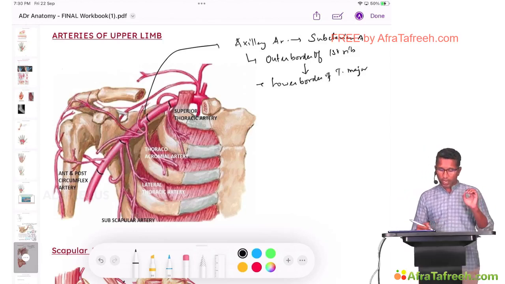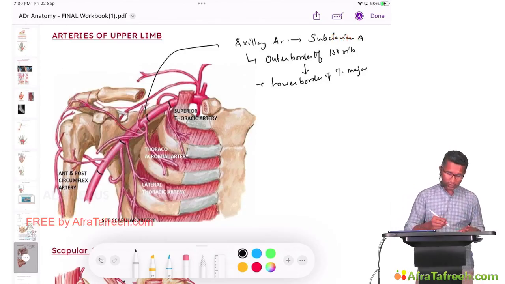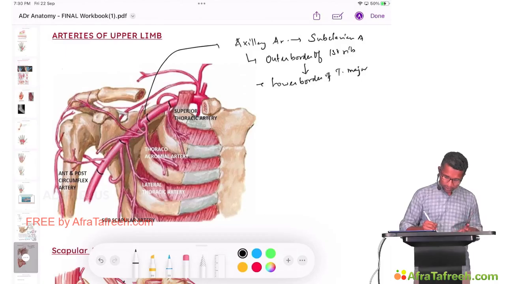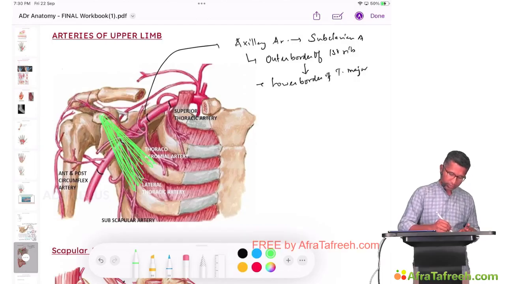Okay guys, clear? And this axillary artery is divided into 3 parts by a muscle here. I'm drawing the muscle here in green color. The muscle which is attached to the coracoid process, arising from the 3rd, 4th and 5th rib. So this muscle is nothing but the pectoralis minor muscle.